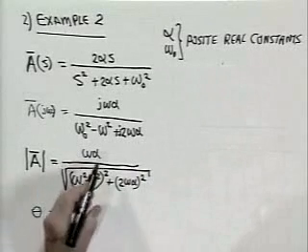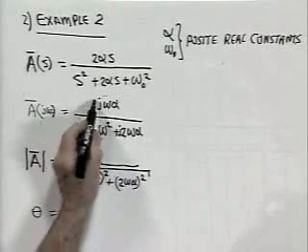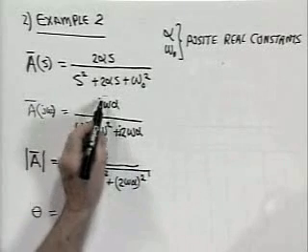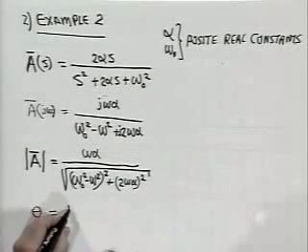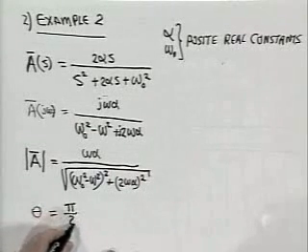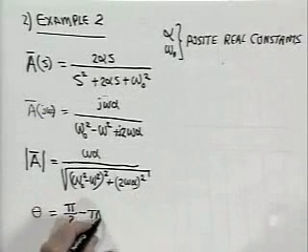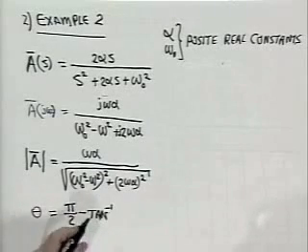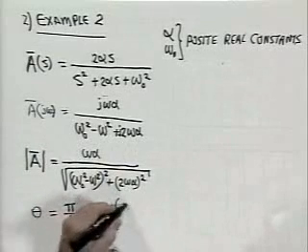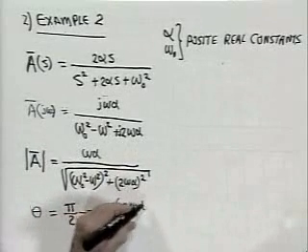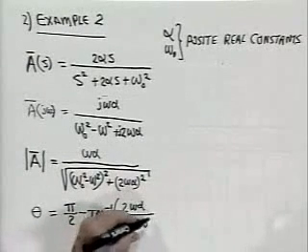equal to the angle of the numerator, which is j. The numerator is pure imaginary, so the angle of an imaginary number is pi over 2, 90 degrees. So the angle of the numerator is pi over 2 minus the angle of the denominator. That's minus the angle whose tangent is equal to the imaginary part over the real part. So it's the angle whose tangent is 2 omega alpha over omega naught squared minus omega squared.